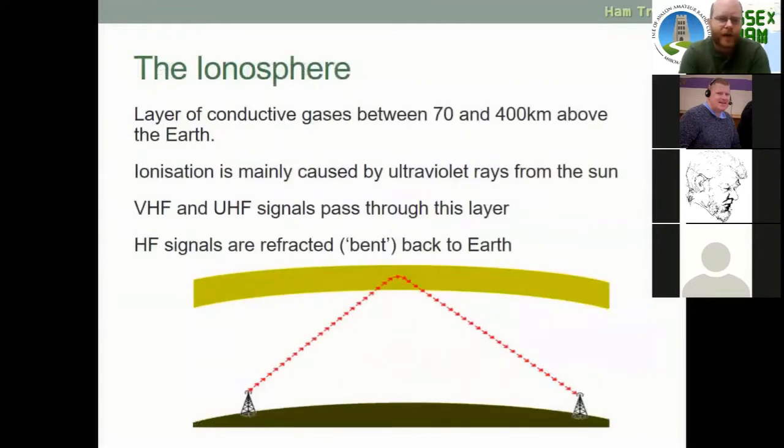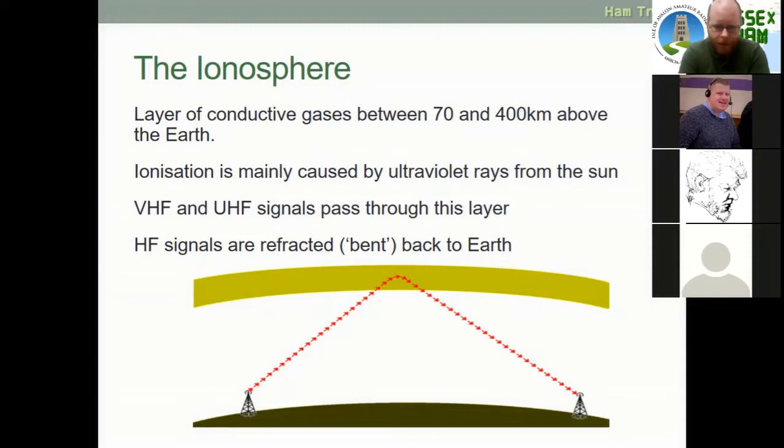So the ionosphere, that is a layer of conductive gases between 70 and 400 kilometers above the Earth. The ionization is mainly caused by ultraviolet rays from the sun. And so the sun's atmosphere, so to speak, although it's not an atmosphere as such, plays a great deal in how well radio waves on Earth travel.